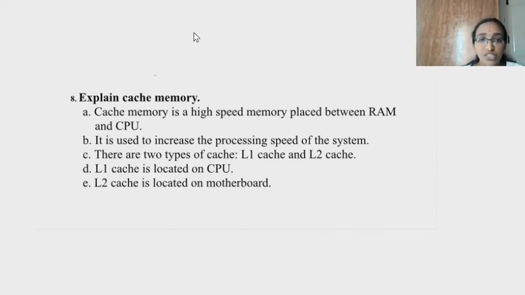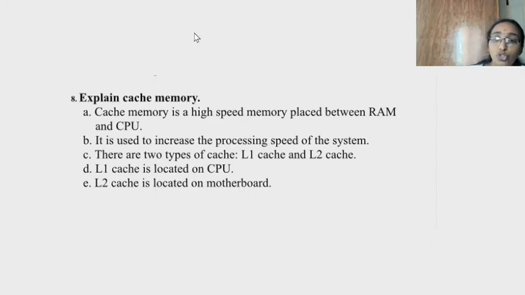The function of cache memory is to make your CPU run as fast as possible. It acts as a buffer between your CPU and the main memory.